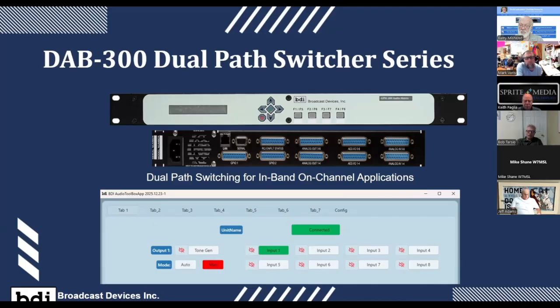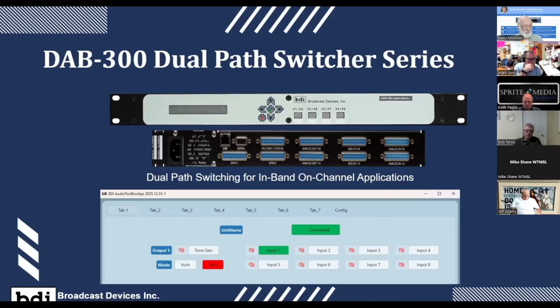They needed an IBOC type switcher, something that would switch their analog audio path and their digital audio path, one being delayed, one not being delayed, where you would have 2 main and 2 auxiliary paths, so that if one failed, it would flip both over at the same time so that you would maintain the time alignment. So we created, out of the Audio Toolbox family, the DAB 300 series switcher, and it does just that.